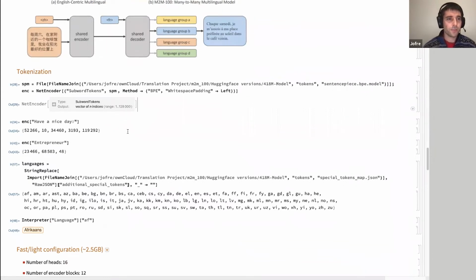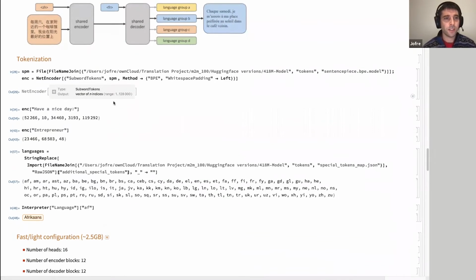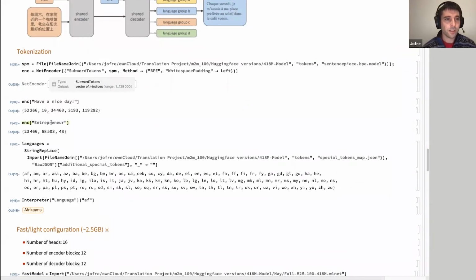And the encoder, as you can see, is using subword tokens so that a single word can be split into several subword tokens, each of these numbers.